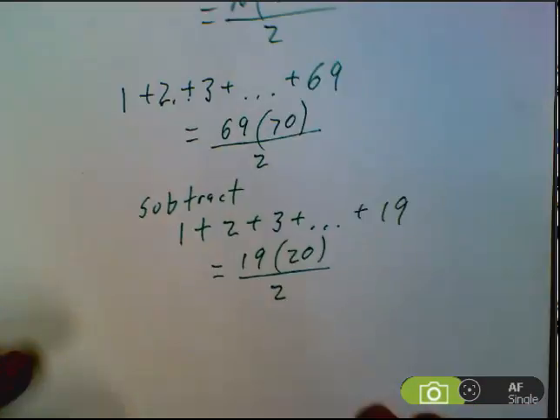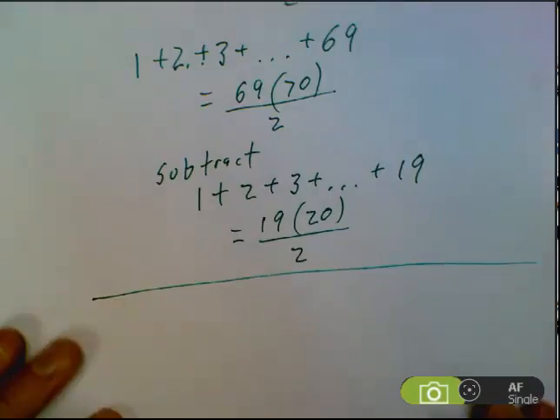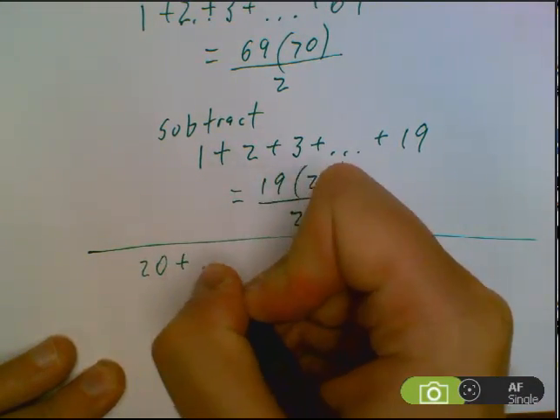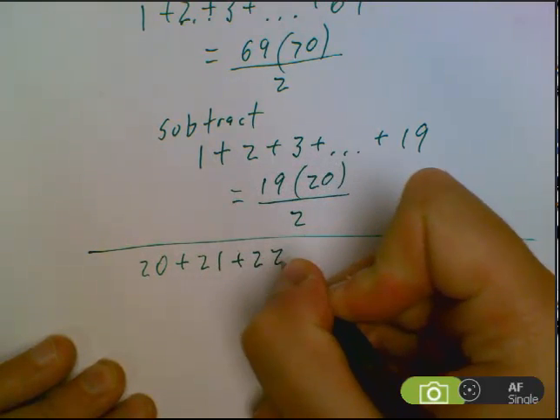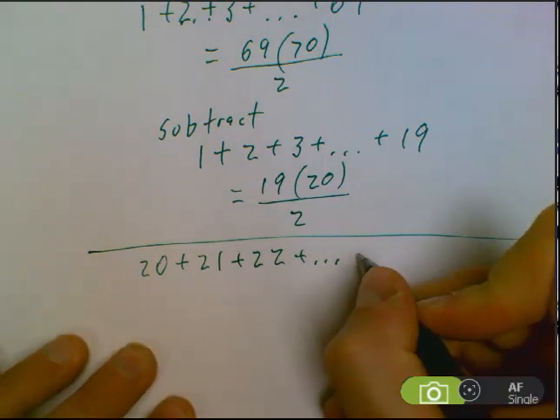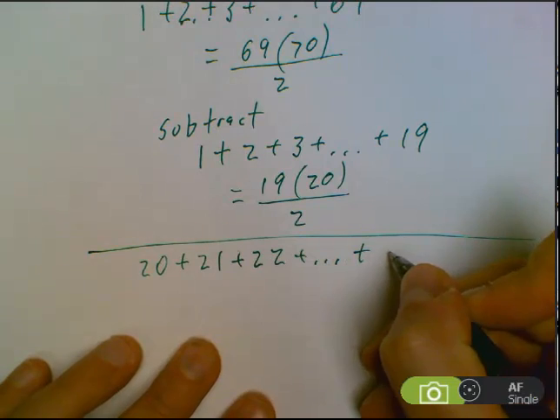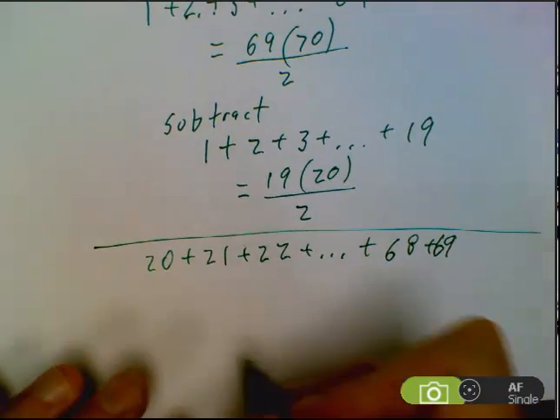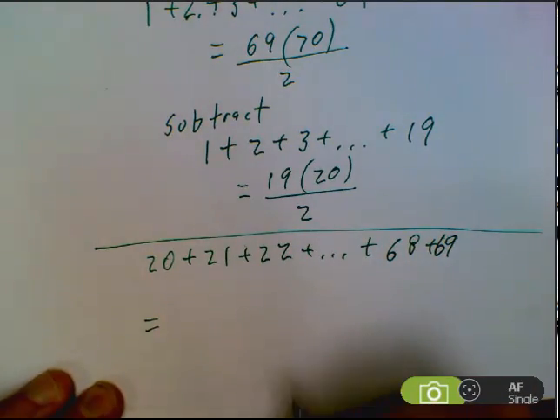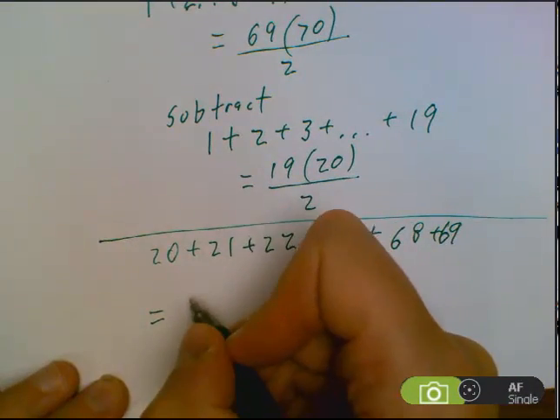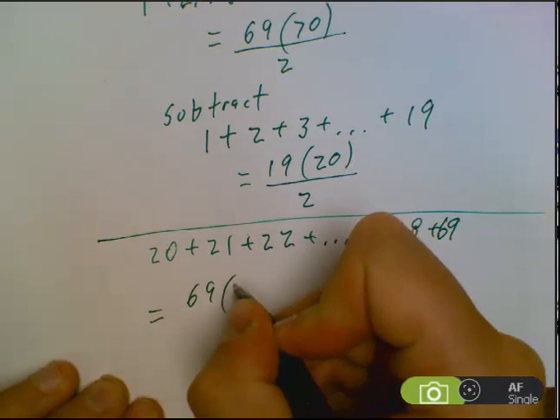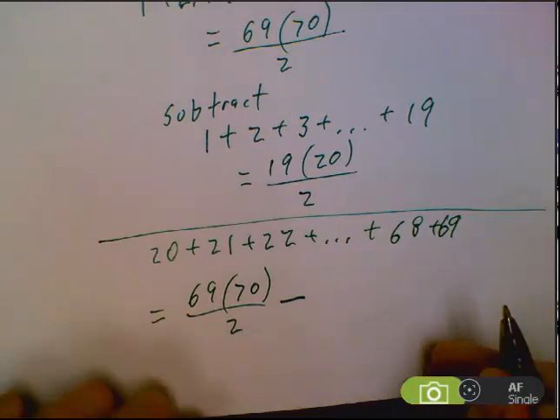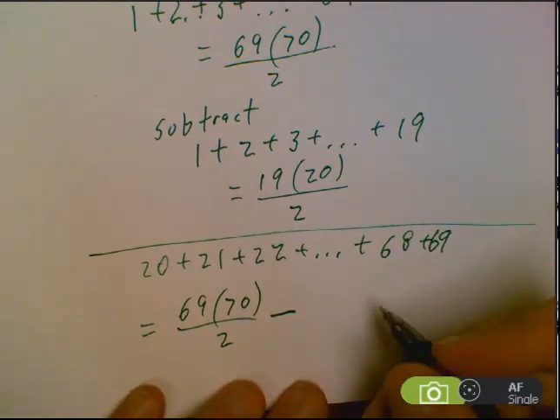So now what we can say is that if we want to sum 20 plus 21 plus 22 plus ... plus 68 plus 69, that's going to equal the sum from 1 to 69, which is 69 times 70 divided by 2, and then subtract the sum of 1 through 19.